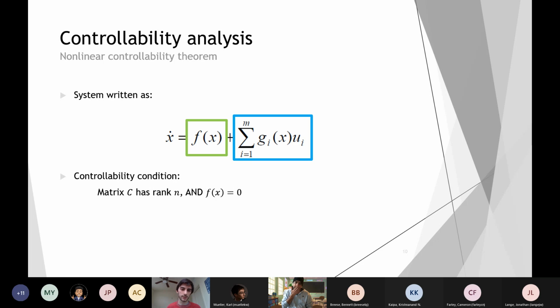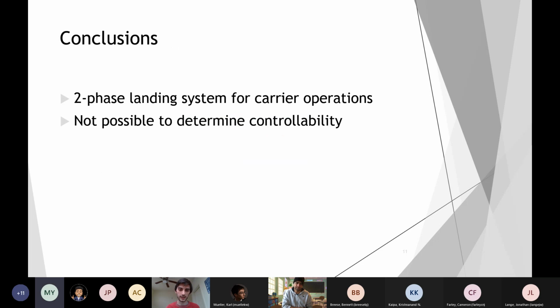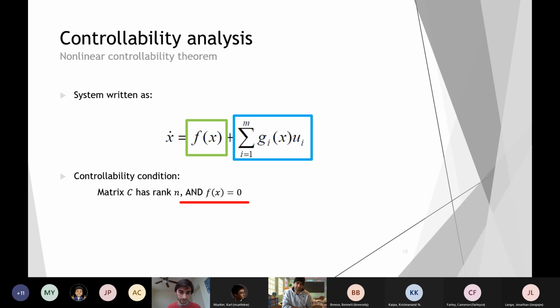Now, the controllability condition with this theorem is the same: C must have rank N, and f of x must be 0. However, in our case, many derivatives in the quadrotor equations of motion depend on state variables only. So f of x will never be equal to 0, and that means we cannot apply this controllability theorem to analyze controllability in the quadrotor case.